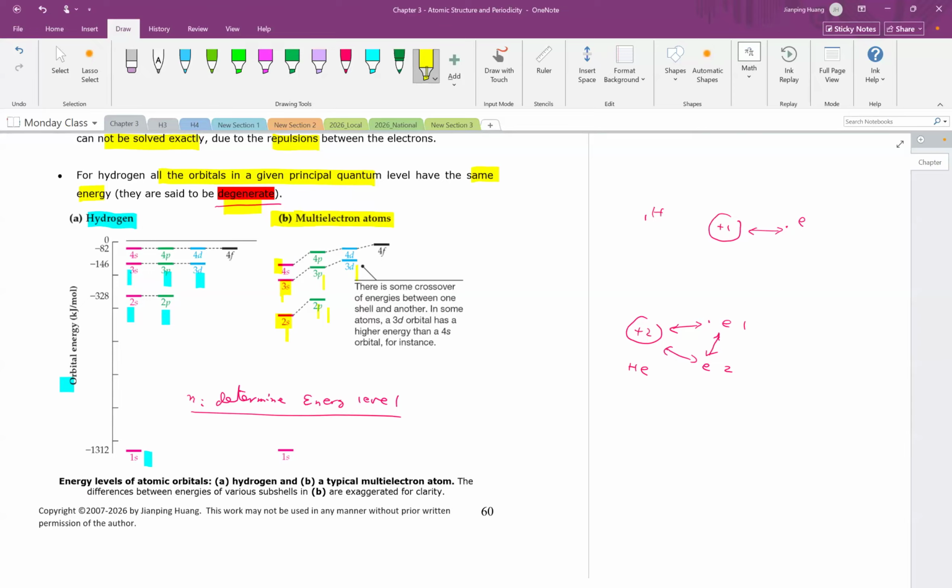So in this case, what? For an atom with more than 1 electron, the energy level is not only determined by N, but also by L, okay?